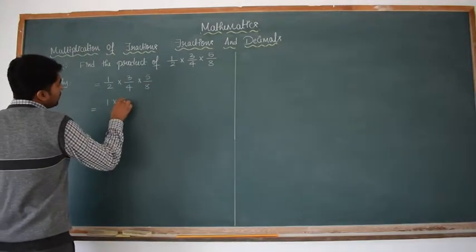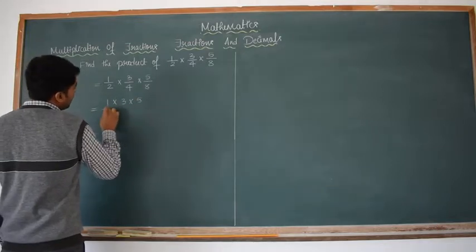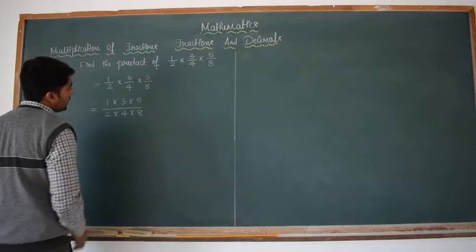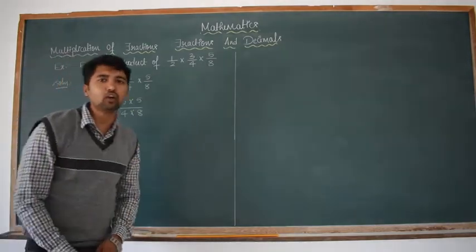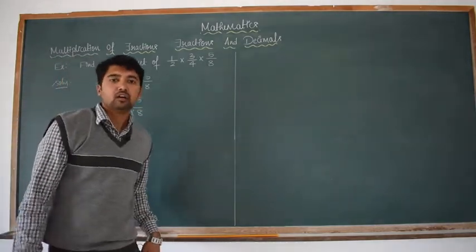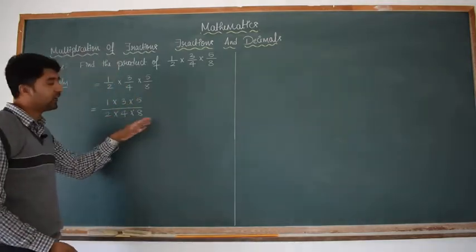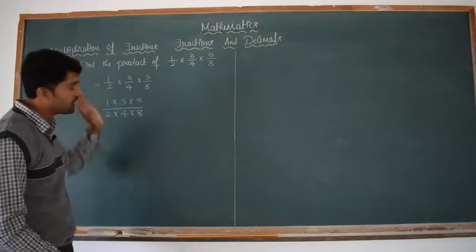So 1 into 3 into 5 divided by 2 into 4 into 8. So do we have any common factors on both numerator and denominator? Just check. 1, 3, 5, 2, 4, 8. We don't have any connection between numerator and denominator.